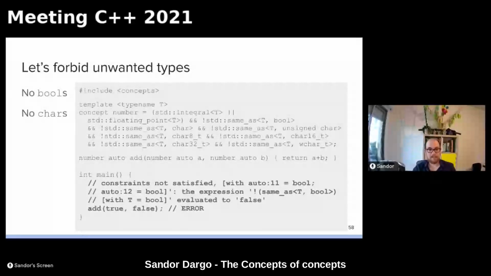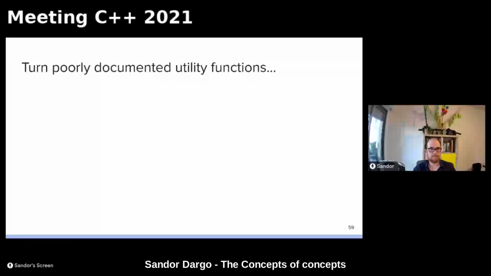And you will see with the error message that if you call it, say, with two Booleans, then your constraint is not satisfied, because you try to call it with two bools, and the concept explicitly said that T, the template type T, should not be the same as a Boolean. And it's evaluated to false, so compilation fails. Good. So now our number concept works here.